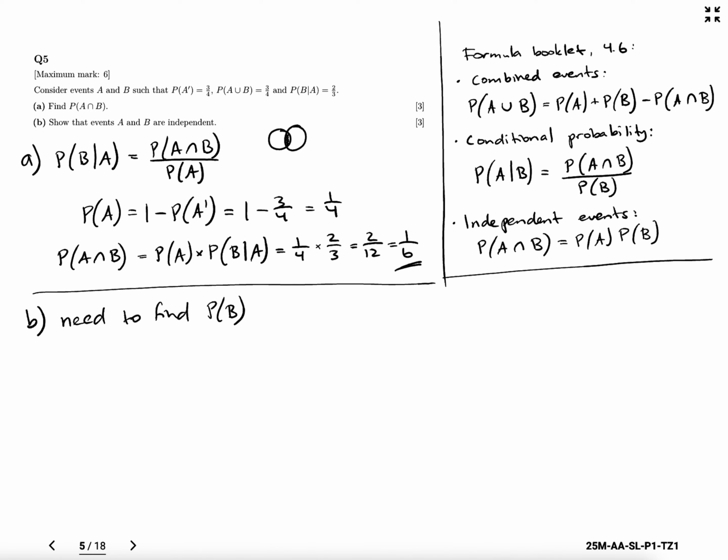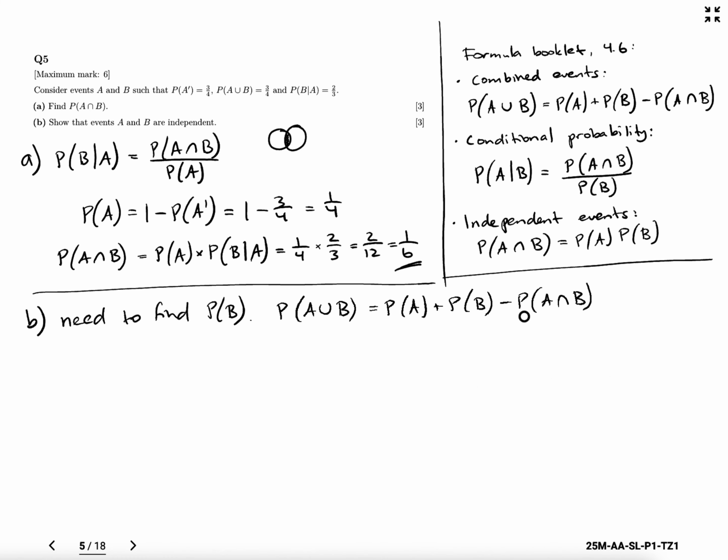So for combined events, let's write it down. The probability of A or B or both is the probability of A plus probability of B minus probability of A and B. And this is a good one for us because we know the probability of A or B or both is 3/4.